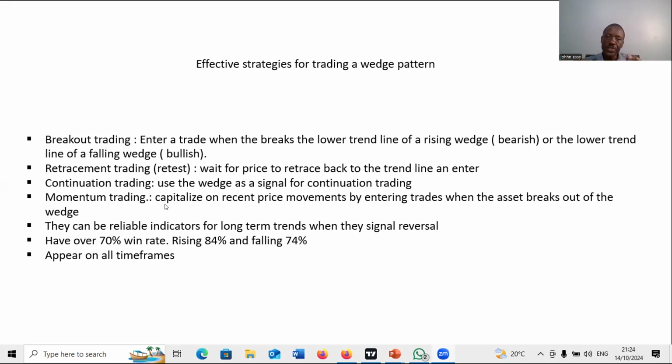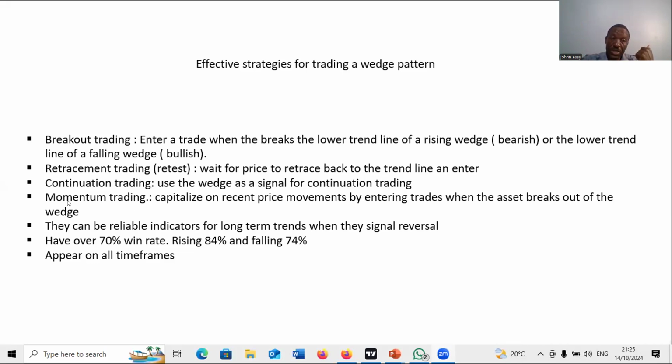That falling wedge will simply tell you the uptrend is going to continue. So once you see that falling wedge, you don't come out of the trade. You remain there because you know that we are going to have a continuation of the trade. So that is another strategy that can be used.